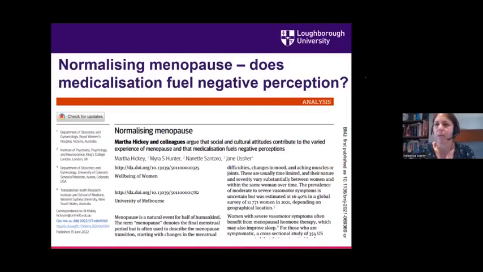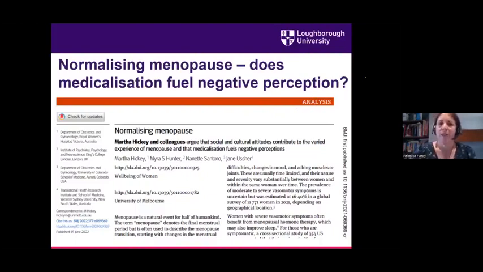We can also see it as a positive time. There are positives that happen at this time of life. So, for example, we don't have to deal with periods anymore. We don't have to deal with contraception. We might have children leaving home. That might be a negative, but it can also be seen as a positive, that you can reevaluate your life and do something for yourself.